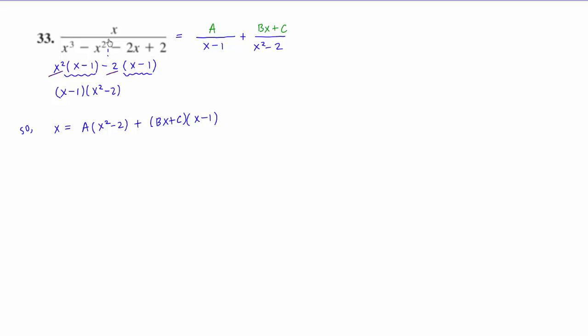Here's where we have the choice to decide how to find a, b, and c. We can write the system that gives us the equation x equals ax squared minus 2a plus bx squared minus bx plus cx minus c. That comes from distributing and simplifying the right hand side of that equation.